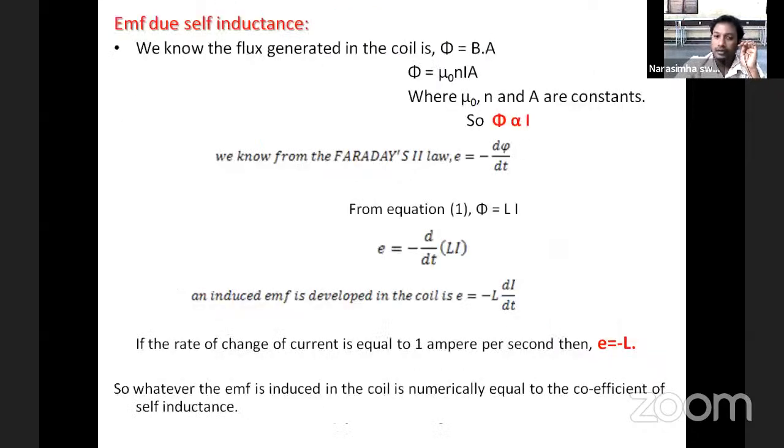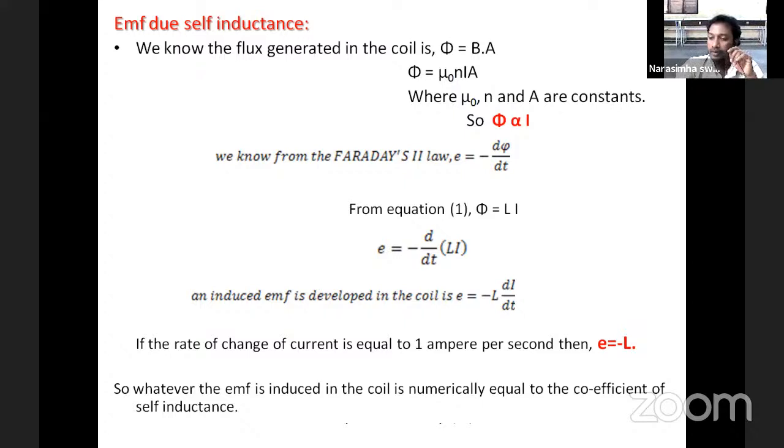Now let us continue to calculate the EMF due to self-inductance. In self-inductance, the whole phenomenon goes on in a single coil, which itself produces the induced current. What is the expression for the induced EMF?